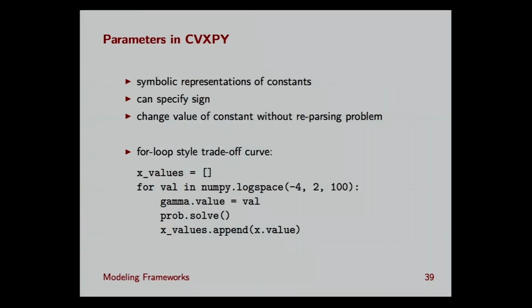This does not reparse. When you call the solve method, if a parameter is not assigned, it'll throw an exception saying you didn't instantiate your problem. So you instantiate a problem by assigning a value to the parameters. That's what this does. Then it gets the answer, and this will overwrite x.value with the new optimal thing, and then this just puts it on a list.